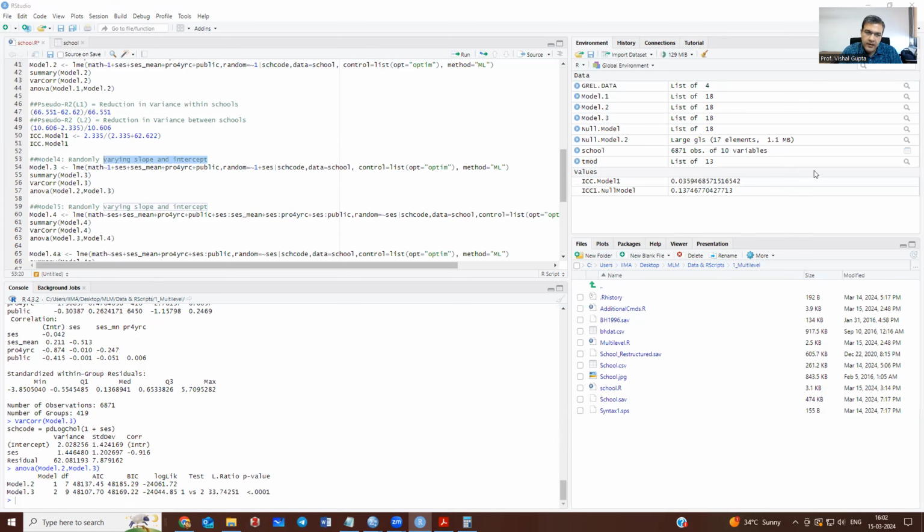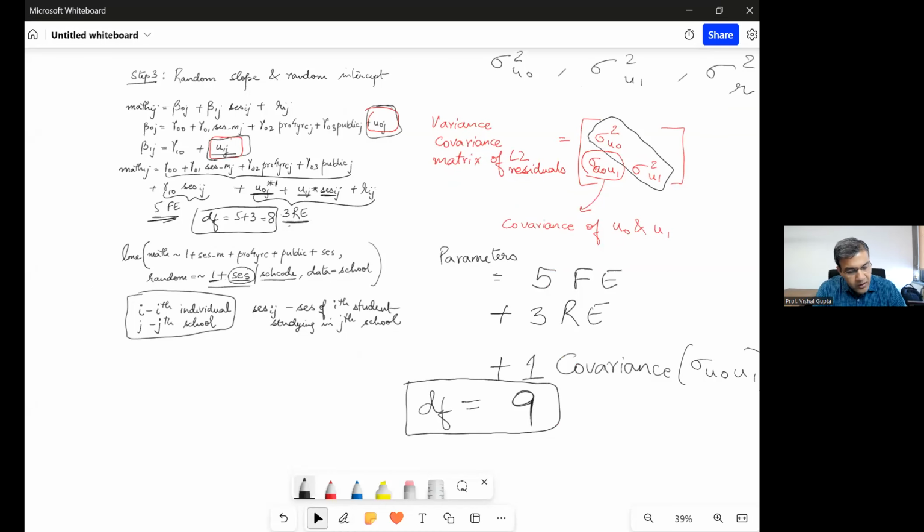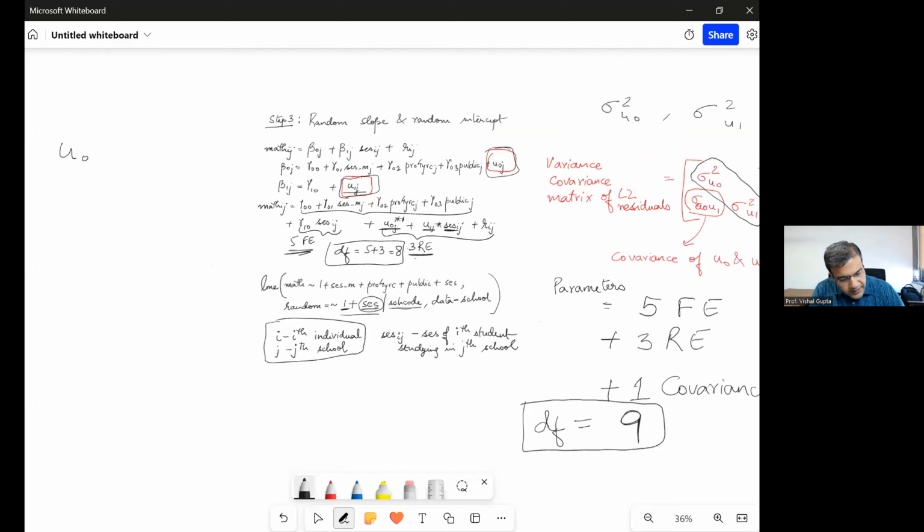Okay, yes, Pavan. Sir, how are we interpreting this slope intercept correlation? It is nothing but, you see, it has obtained these two series. When it estimated this model, it got a U0J series and a U1J series.